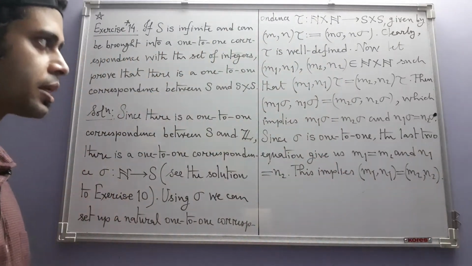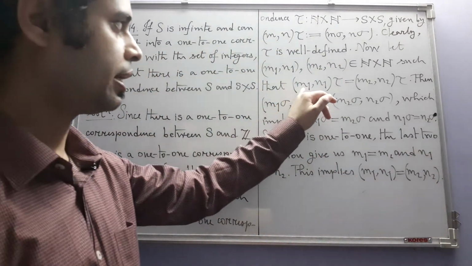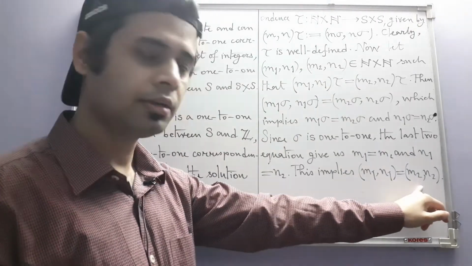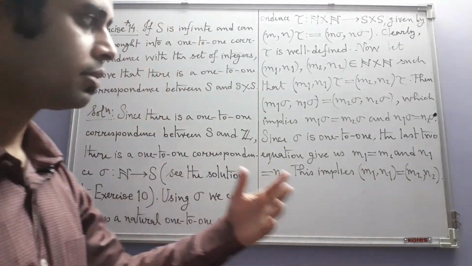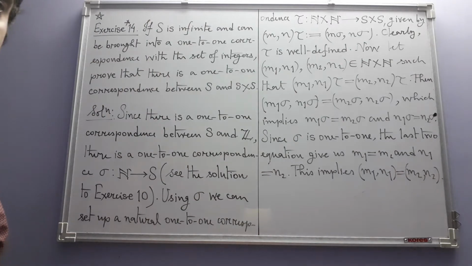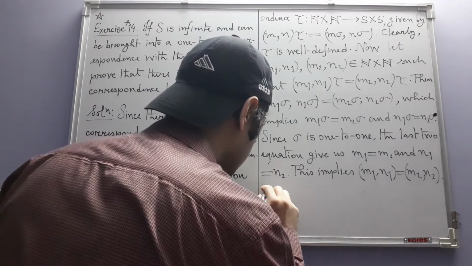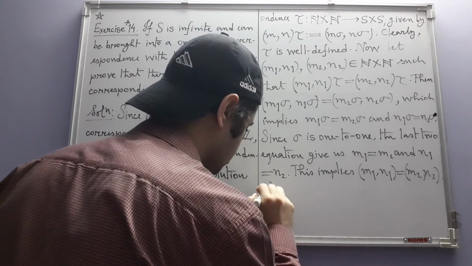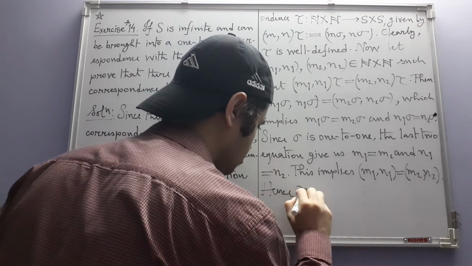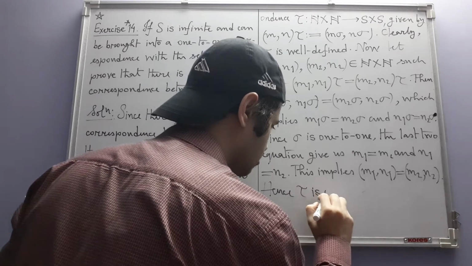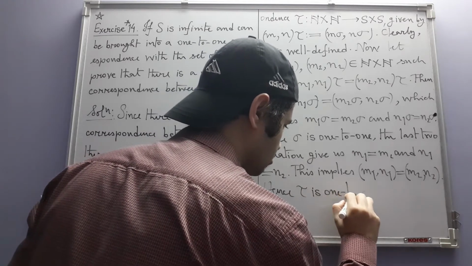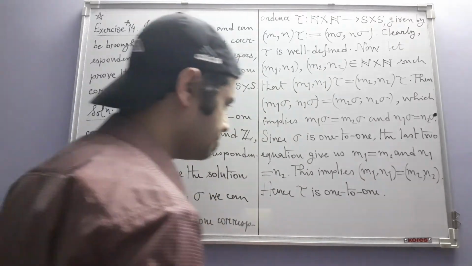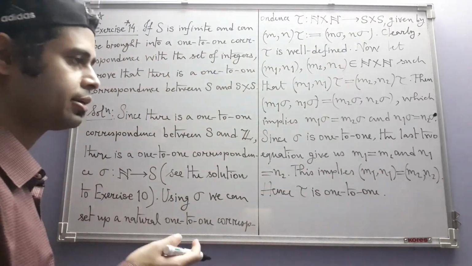So we started off by assuming that the images are equal. Now we have proved that the elements are also equal. That tells us that tau is one-to-one. Hence, tau is one-to-one.